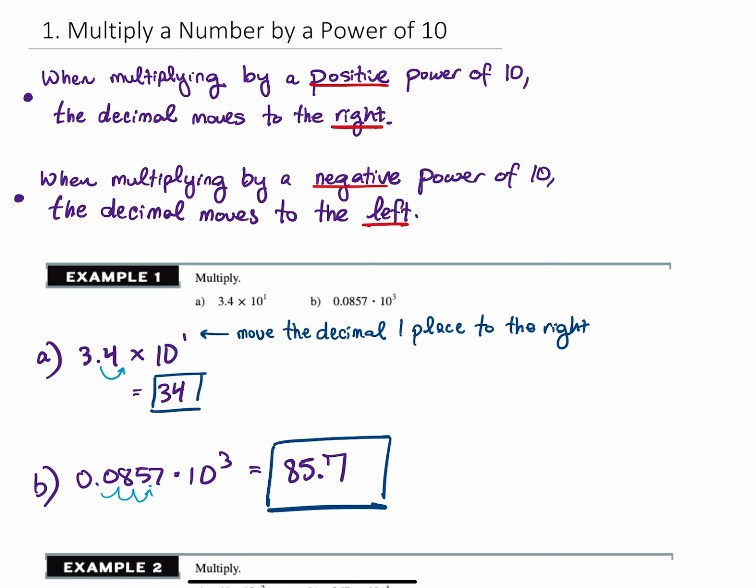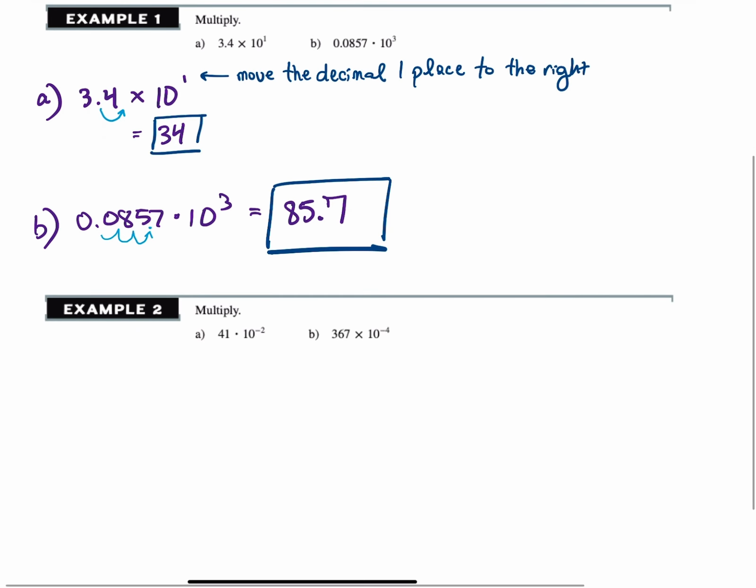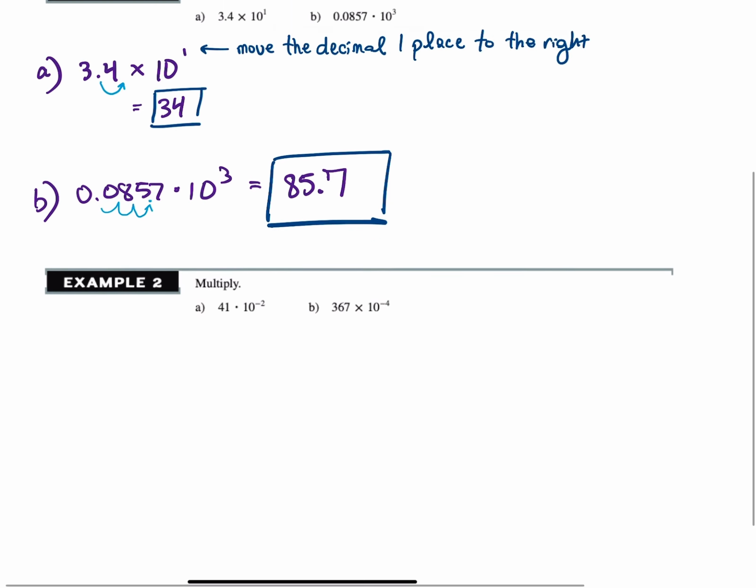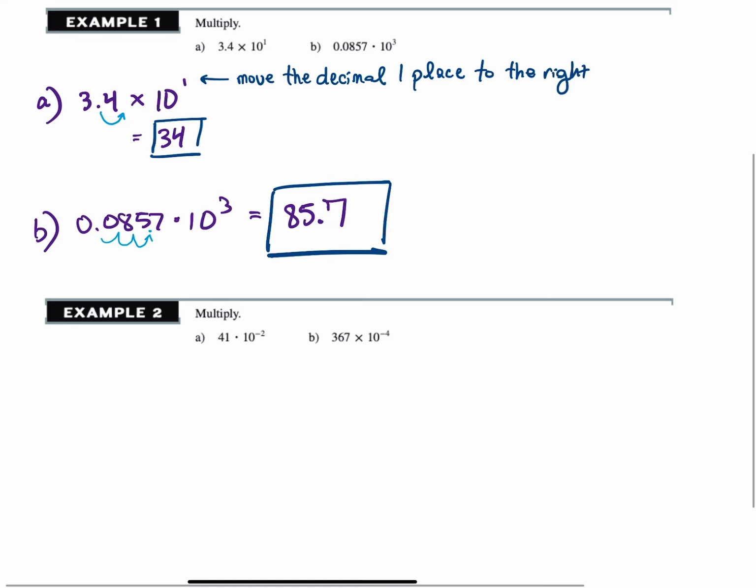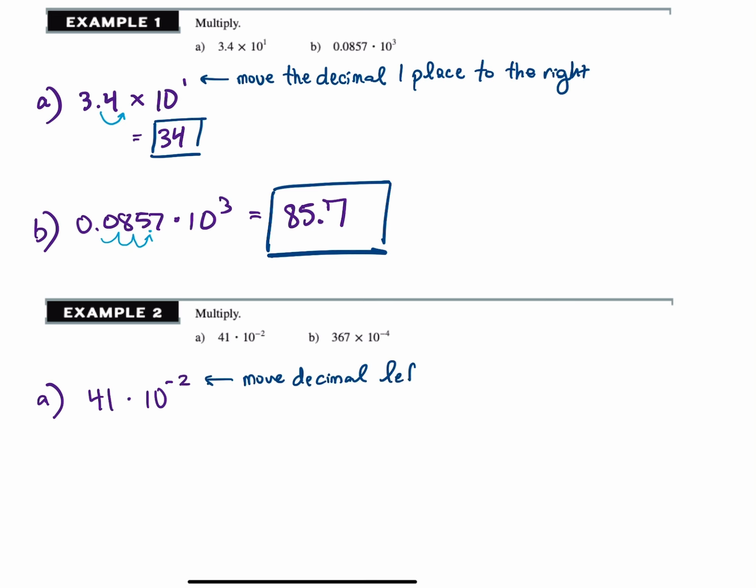And then let's use some negative exponents. From example 2, part A, we have 41 times 10 to the minus 2 power. This is going to make the decimal move to the left 2 places.